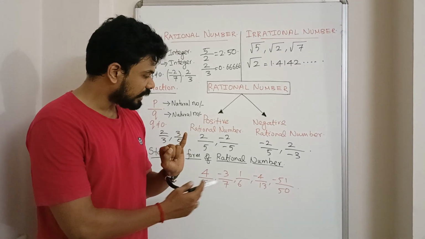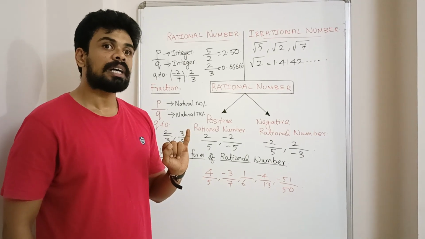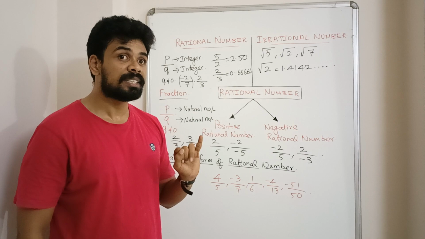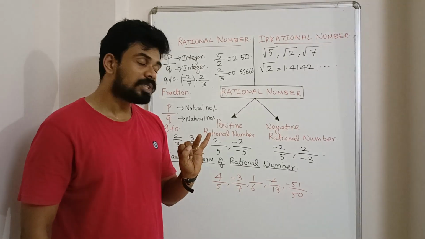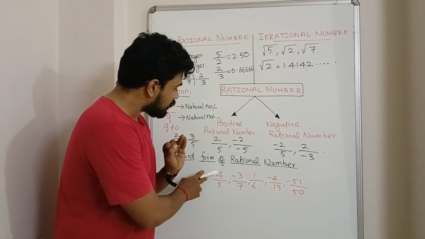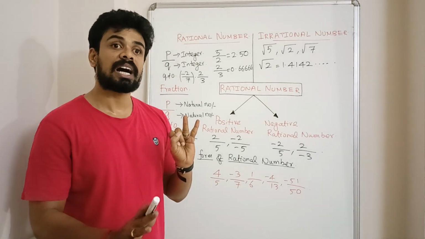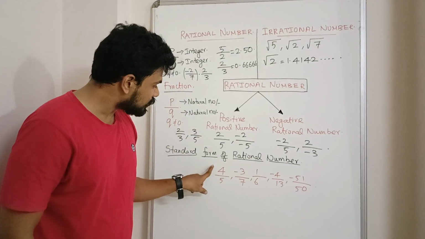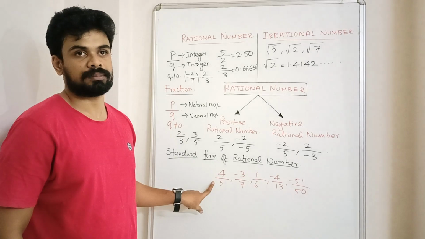If any rational number is negative, the negative sign occurs only in the numerator. In the observed rational numbers, the common factor of numerator and denominator is only 1, which means 1 is the only common factor of numerator and denominator.